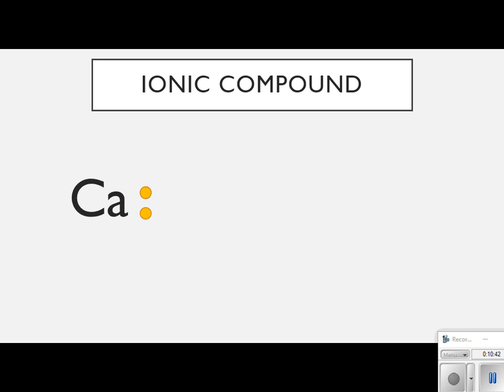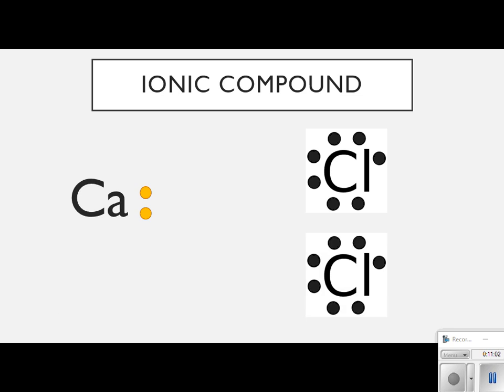Now, let's look at calcium here. Calcium has 2 valence electrons, so calcium wants to get rid of 2 electrons. Here's chlorine. Chlorine will take 1 of them. However, I need to have 2 chlorines because calcium has 2 electrons. So that electron's going to go there, and that electron's going to go there.